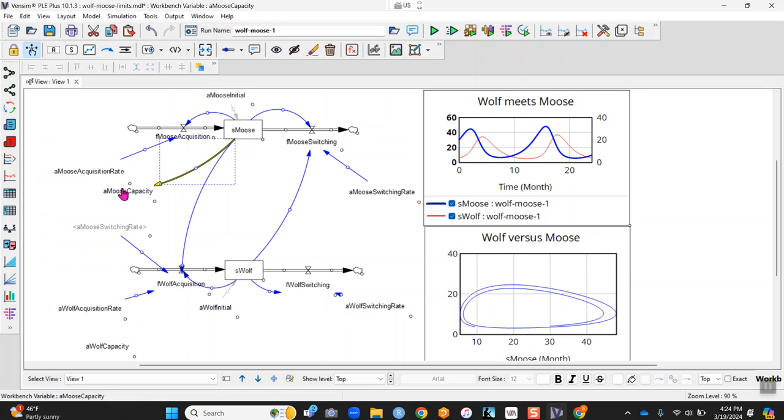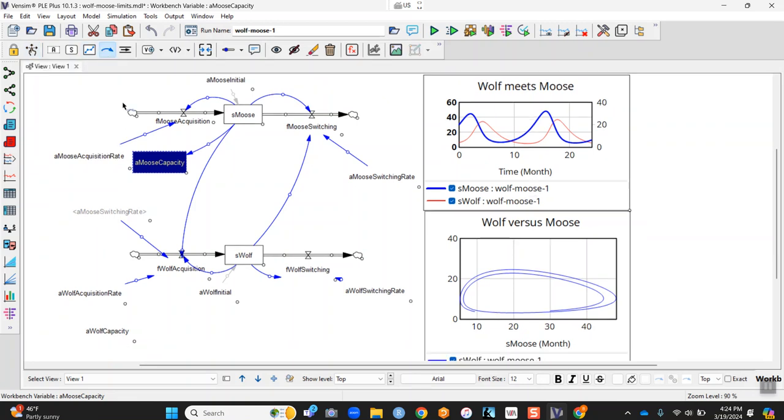So let's take this moose capacity and put it here. Let's draw another arrow for moose capacity. No, actually, this is not right. This is moose capacity.